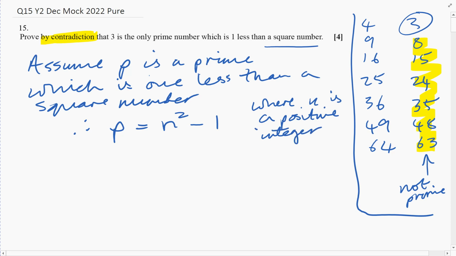And it's got to be greater than 1, because if n was equal to 1, we'd just get 0. So that obviously couldn't possibly be prime. So n would have to be greater than 1.